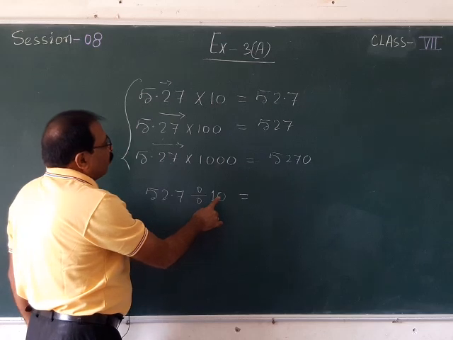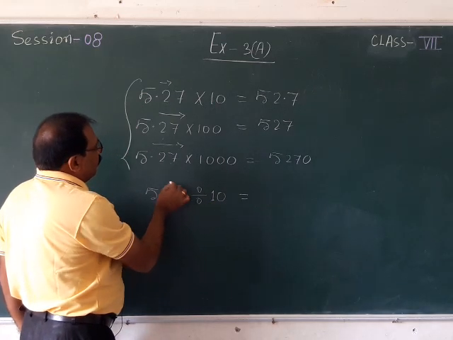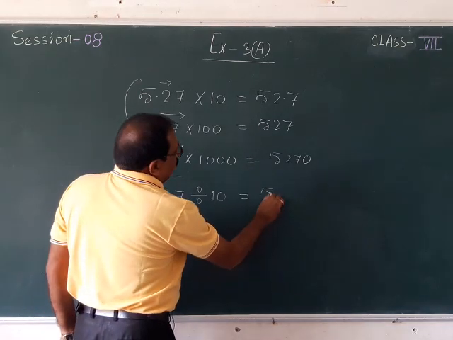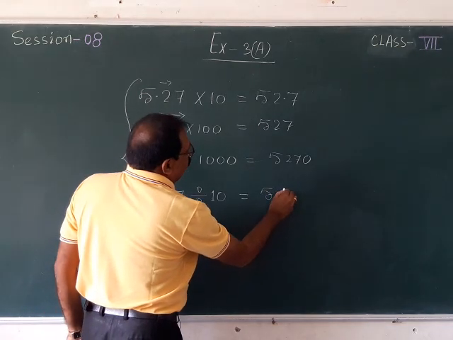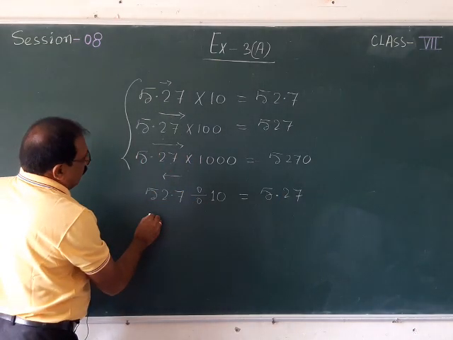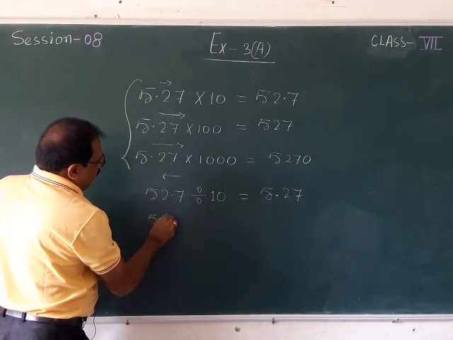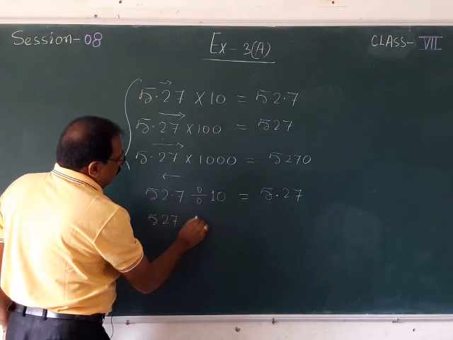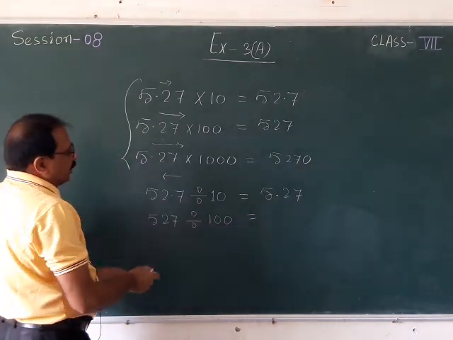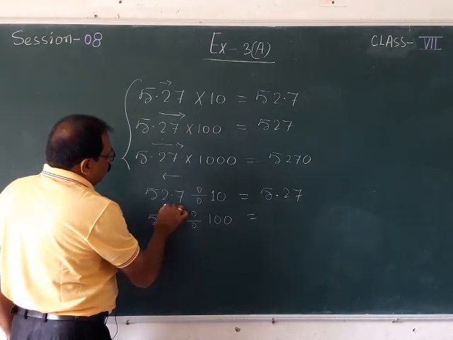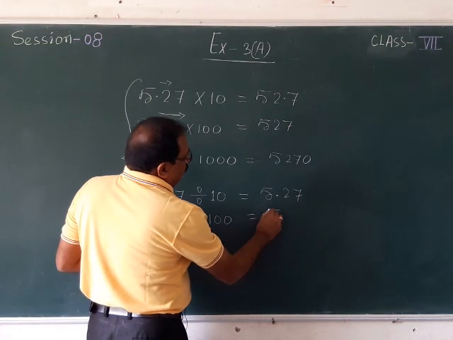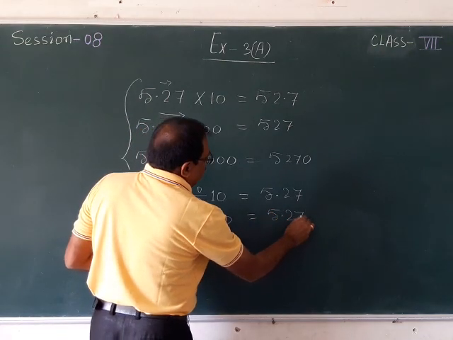So here, dividing by 10, the decimal will be shifted right to left, that means it will be written as 5.27. And suppose I am dividing 527 by 100, then there are 2 zeros, so the decimal will be shifted 2 digits back, so the answer will be 5.27 itself.